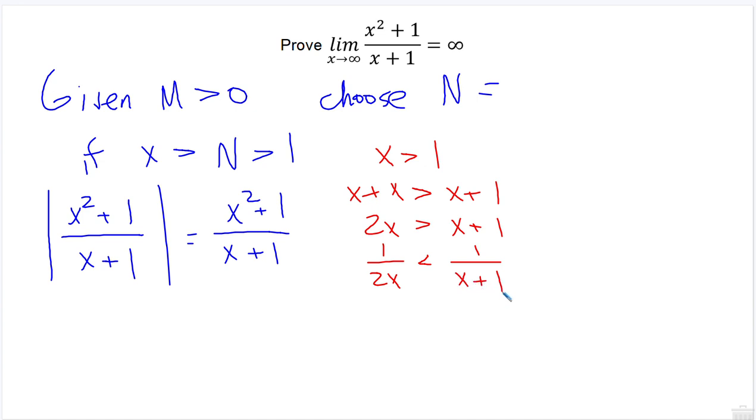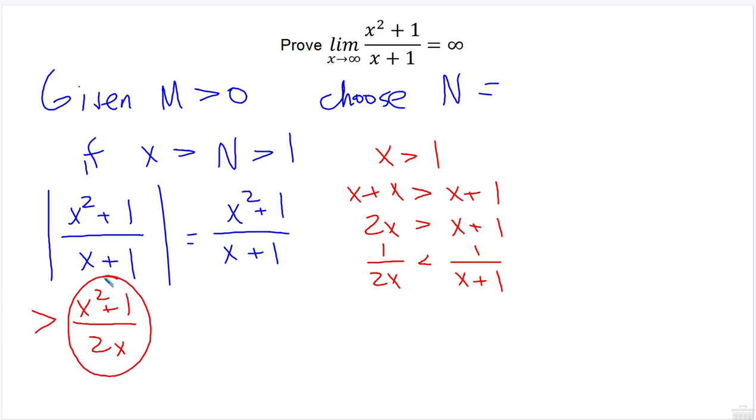And that should then tell us that x squared plus 1 over x plus 1 ought to be greater than, since 1 over x plus 1 is greater than 1 over 2x, x squared plus 1 over 2x.